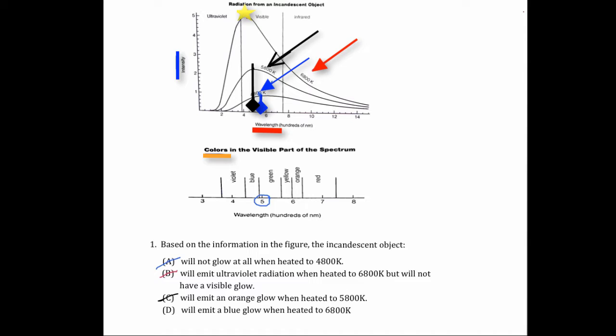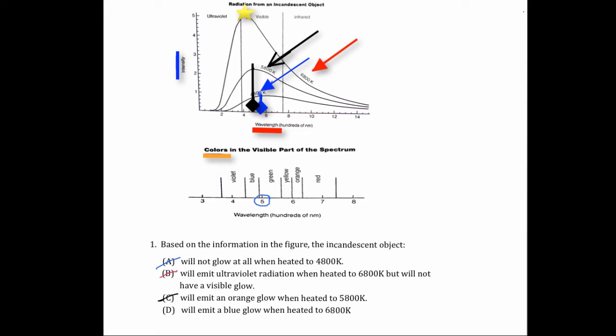And finally, we go to D. It says that the object will emit a blue glow when heated to 6800 degrees Kelvin. So the red mark shows you that the 6800 degrees Kelvin curve has peak energy at around 450 nanometers.